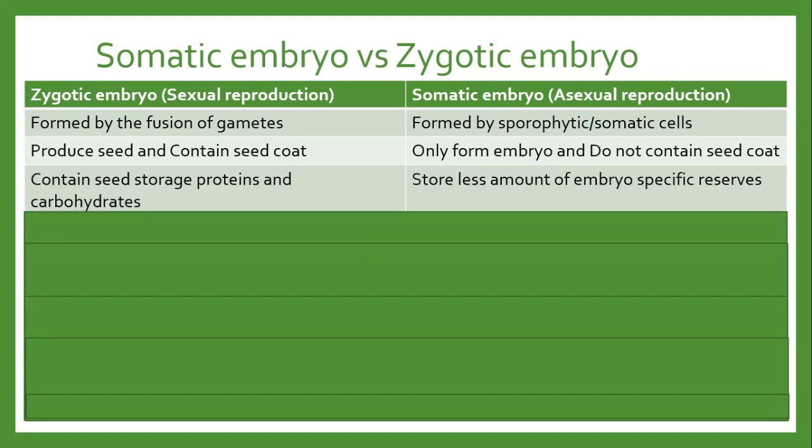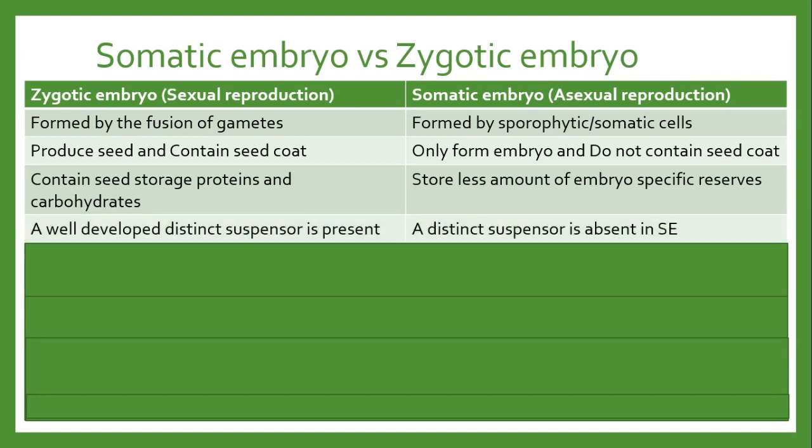Zygotic embryo contains seed storage proteins and carbohydrates like endosperm, but somatic embryo stores less amount of embryo-specific reserves. Therefore, it strongly relies on the supplementation of the nutrient media. A well-developed distinct suspensor is present in zygotic embryo, whereas a distinct suspensor is absent in somatic embryos.